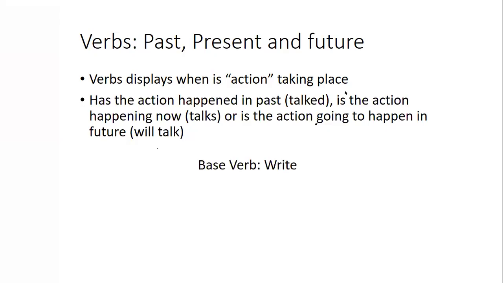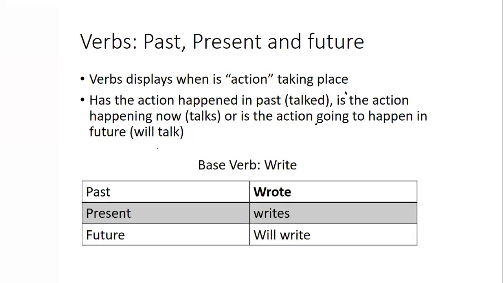For example, let us consider the base verb as write. And if I want to find out what would be the past tense of write, it would be wrote. For example, John wrote a letter. John writes a letter, shows that he is writing it in present. John wrote a letter, shows that he has already written the letter. The action has happened in past.